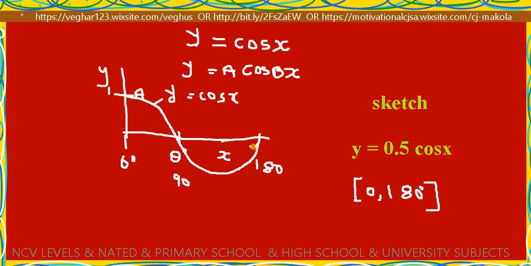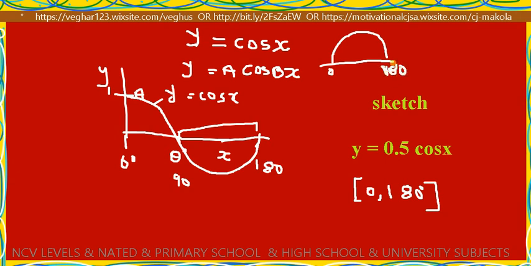So there's a period, or distance, you can call it the distance from here to here, it's 90, it's 180. The one curve like this is half of a cycle, this half is 180, because it starts from 0 to 180.